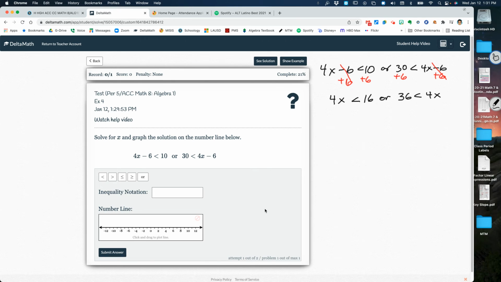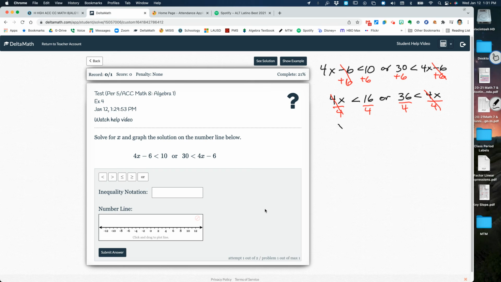Okay. So, let's see here. Do the next step, which is divide by 4. And also here, I could divide by 4. Cancel these.